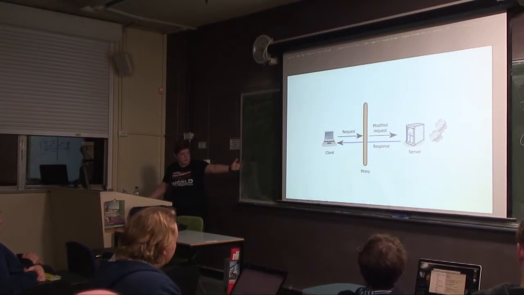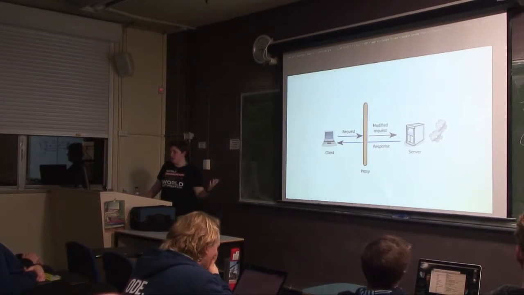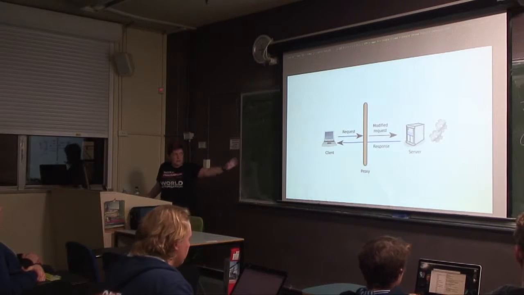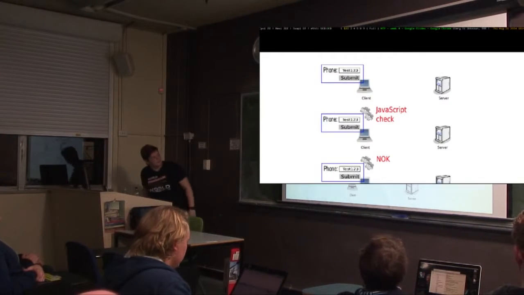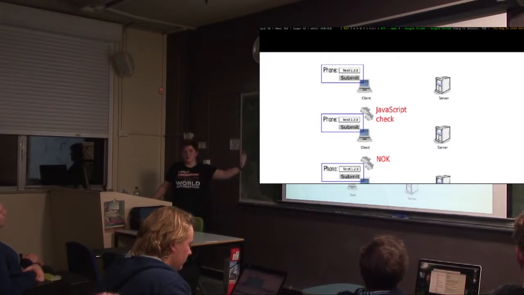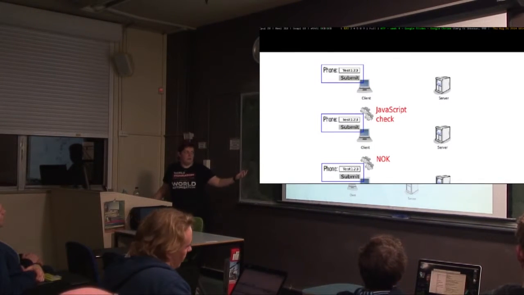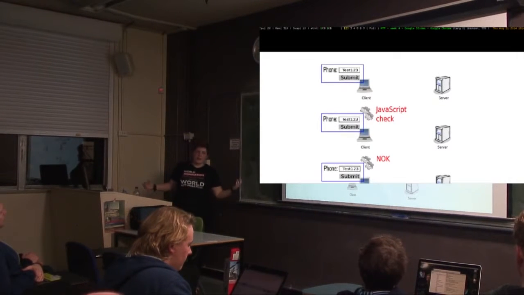So the idea is that we'll send a request from the client through the proxy, so the web page will say this is all good, and then the proxy will intercept it, change it, and send it to the server. If you imagine this wonderful picture, if you've tried to type in test123 as your phone number, the JavaScript on the website might say that's not okay, it's got to just be numbers, not words. So you think, oh, okay, I can't do anything now.